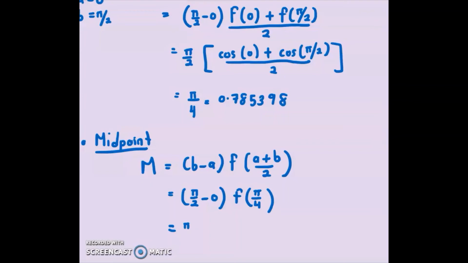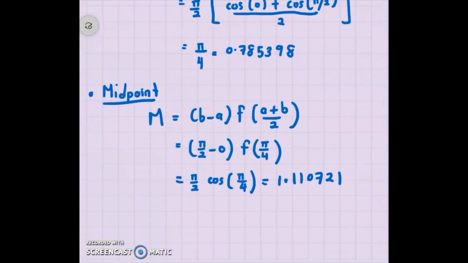So pi over 2 times cos pi over 4. Pressing the calculator will give you 1.110721. Okay, the exact solution is 1.